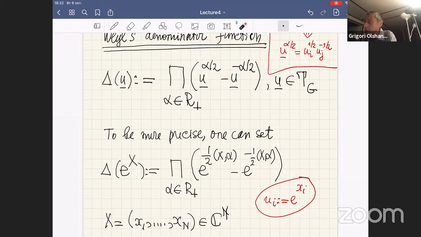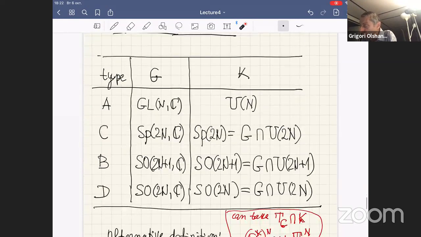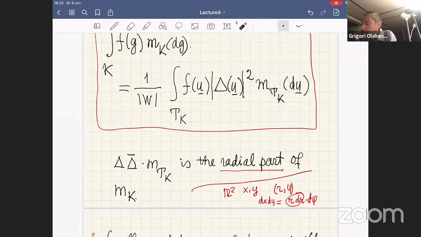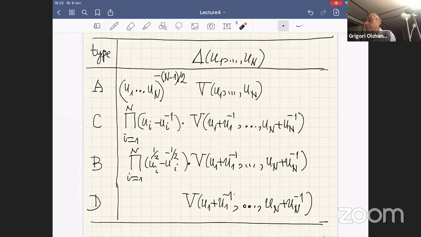This form is very useful, but it's also very useful to switch from this abstract definition to something more concrete. So what happens in types A, C, B, and D? In type A, it's essentially the Vandermonde determinant. In fact, this is some analog of the Vandermonde determinant. According to my definition, this is not exactly this, we have to multiply by something like this.